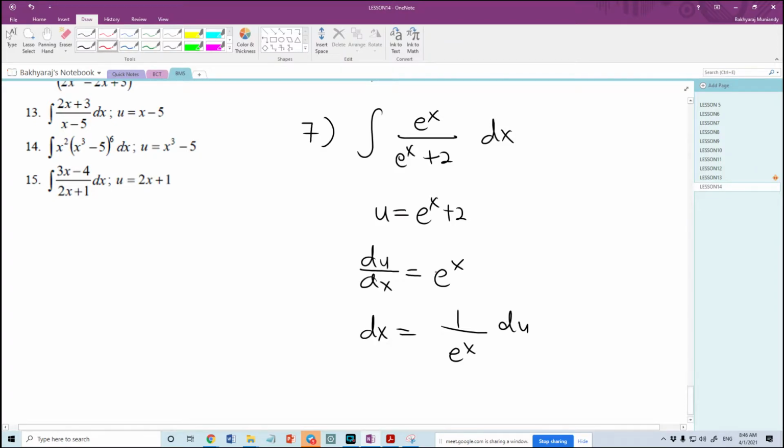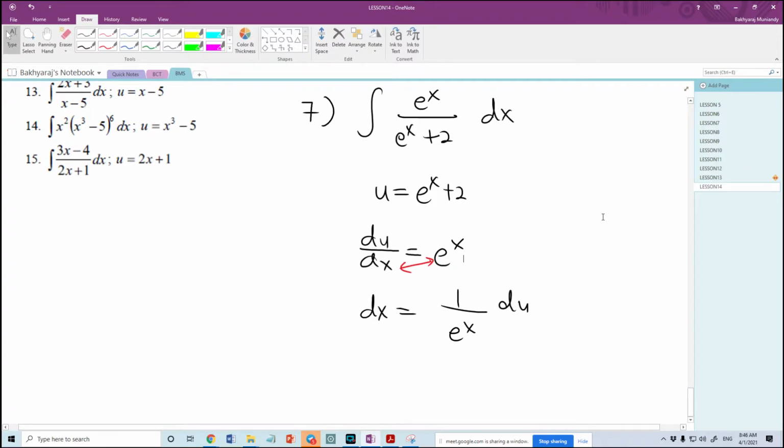Okay, just replace this place, so ini bawa sini, ini bawa sini, so you get 1 over exponent x du, and do substitution lah, kita ganti lah. Okay, kita ganti.